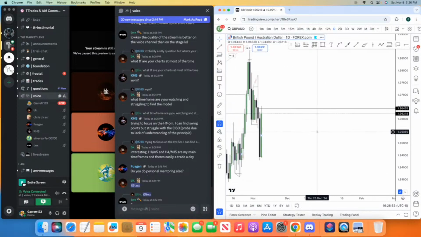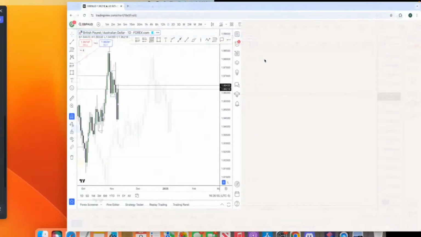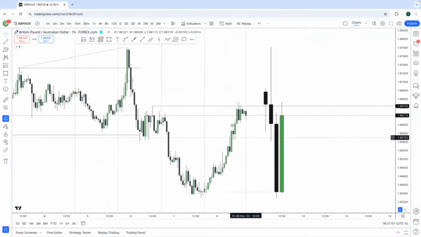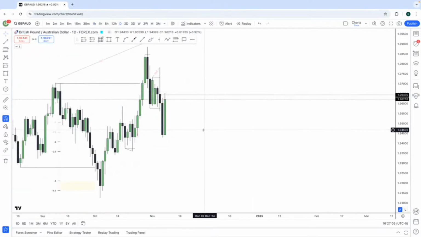For entry or what? I just use the fractal model, basically.